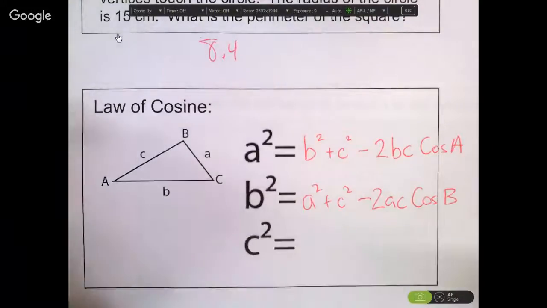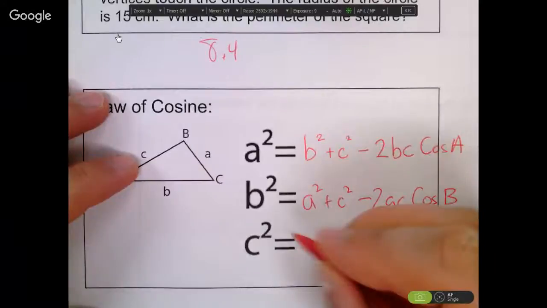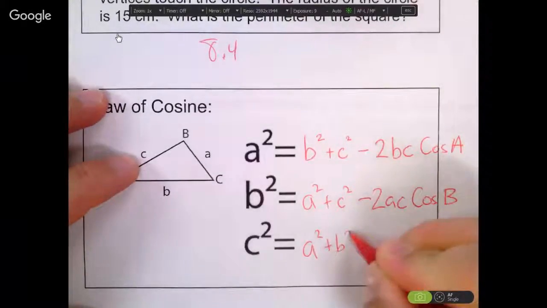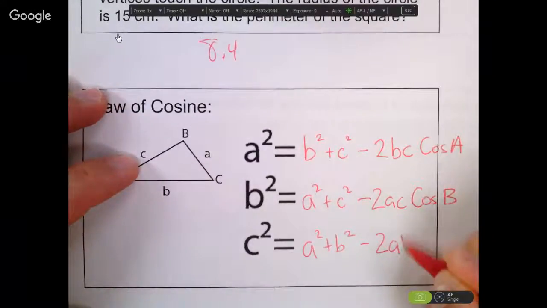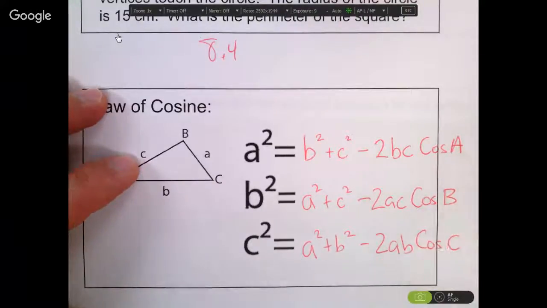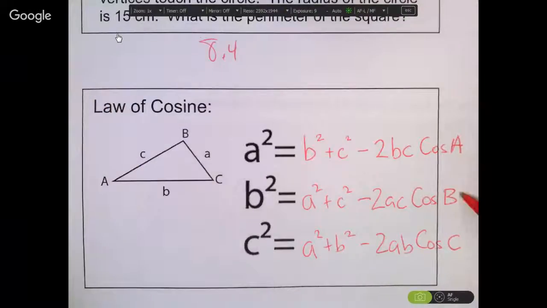Okay, ready? a squared plus b squared minus 2ab cosine of C. And just so we're clear, I'm using capital letters for the cosine because it's the angle across from this side. So we need to know that.